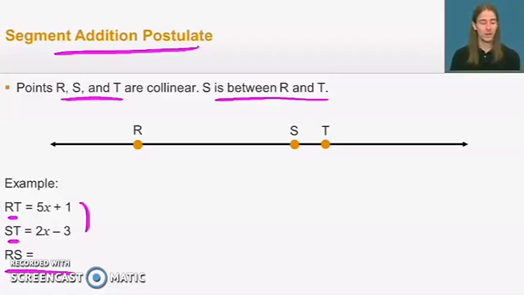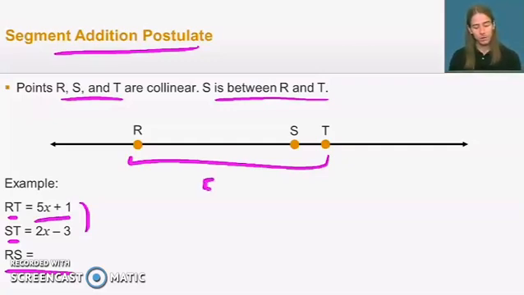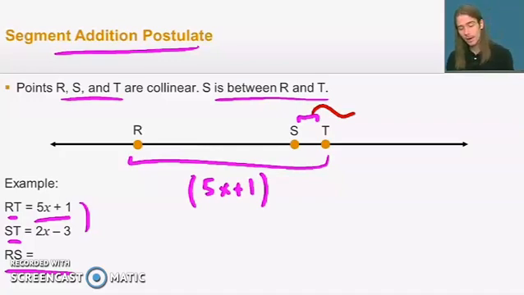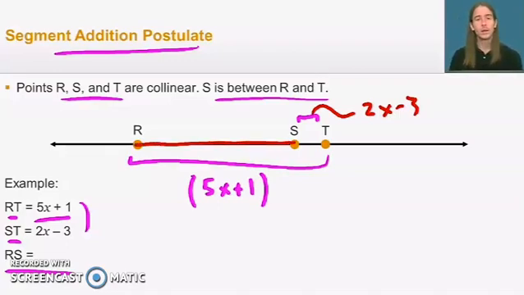We can still use the segment addition postulate. Look at this. We have RT, and its length is 5x plus 1. And we are told that the length of ST is equal to 2x minus 3. We can write that over on the side. What we need to do is find the length of this portion, RS, and to find it we subtract these two expressions.